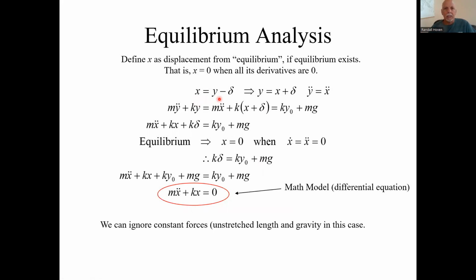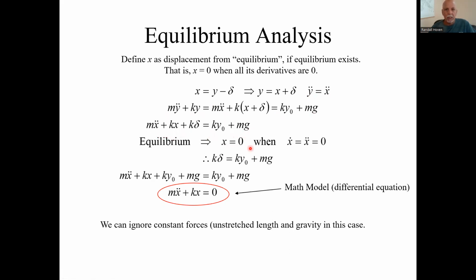So then that x is some constant displacement from y. If you go through what that would mean, if you replace y with x plus that delta, then y dot equals x dot and y double dot equals x double dot. Dots meaning time derivatives. Put those substitutions in, you have this.